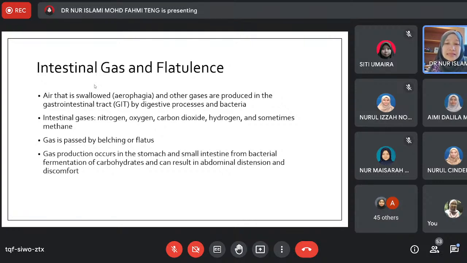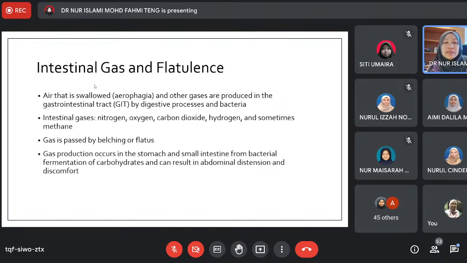Intestinal gases include nitrogen, oxygen, carbon dioxide, hydrogen, and sometimes methane. Gas is passed by belching or flatus. Gas production in the stomach and small intestine from bacterial fermentation of carbohydrate can result in abdominal distension and discomfort.